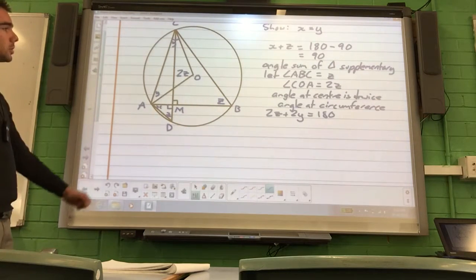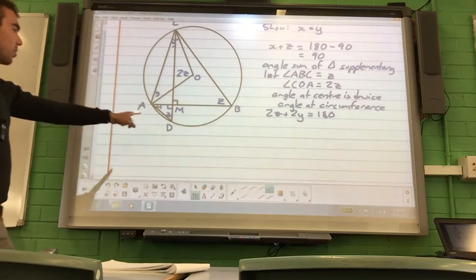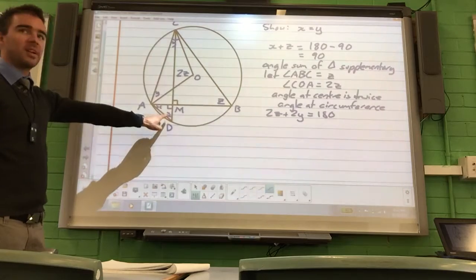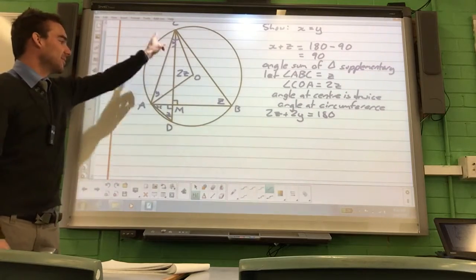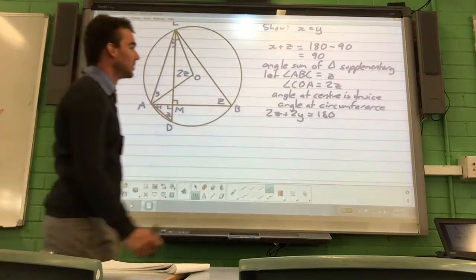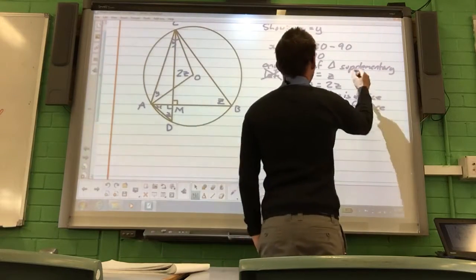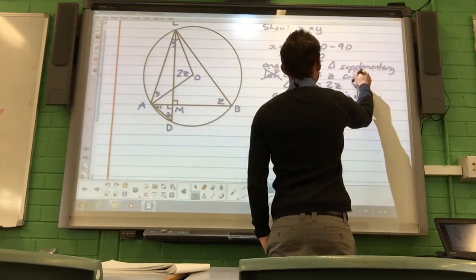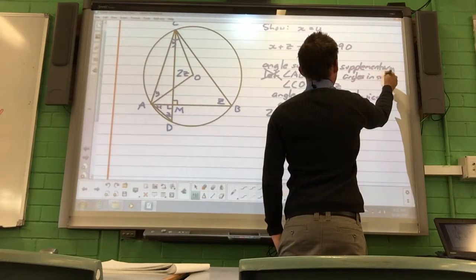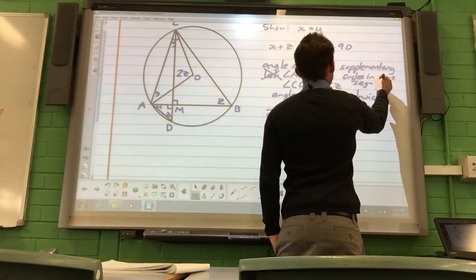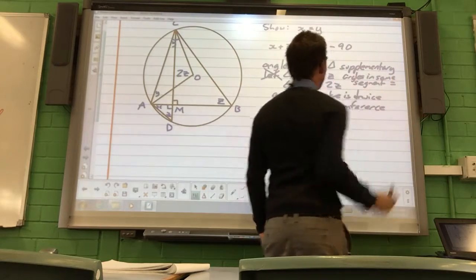Now I just looked at my diagram. I shouldn't have let z equal that because I've already got that variable, but lucky because of the butterfly wing, they are equal. Alright, so don't do that. Angles in the same segment are equal.